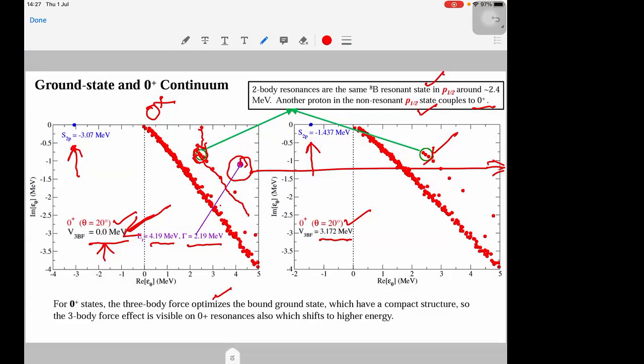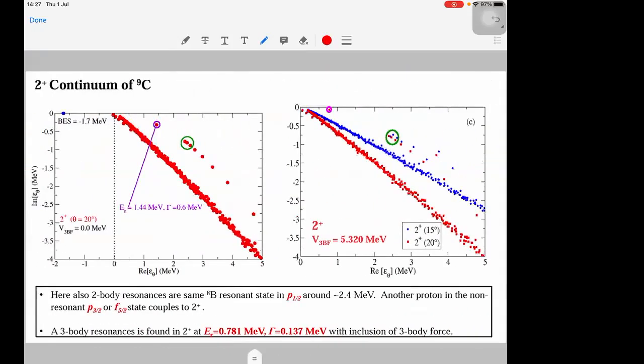Moving to next continuum states, the 2+ continuum. Again, all these are for theta equal to 20 degree, but in this picture I have theta 15 degree and also 20 degree, just to be sure that this is a clear three body resonance. This is just a matter of choice.